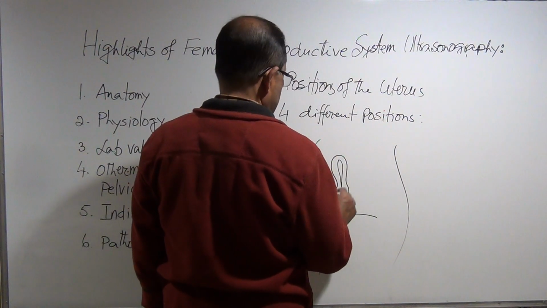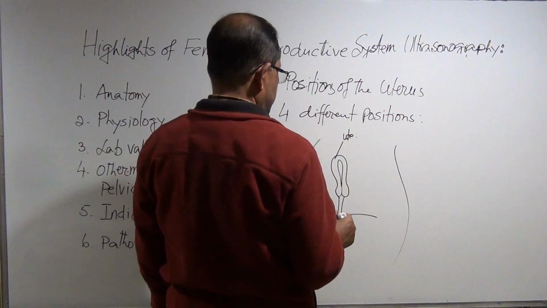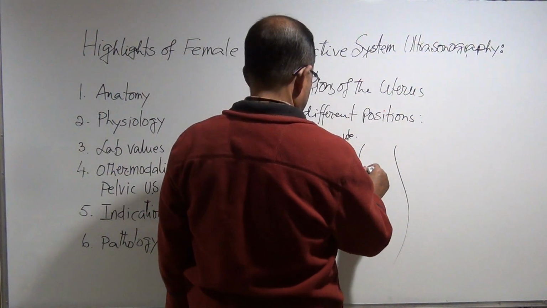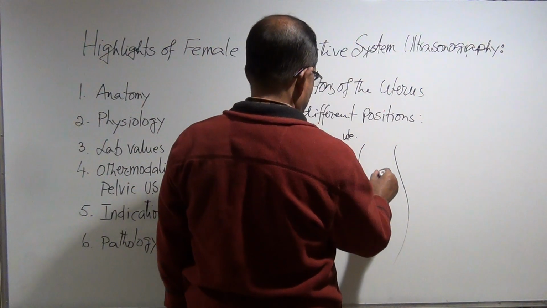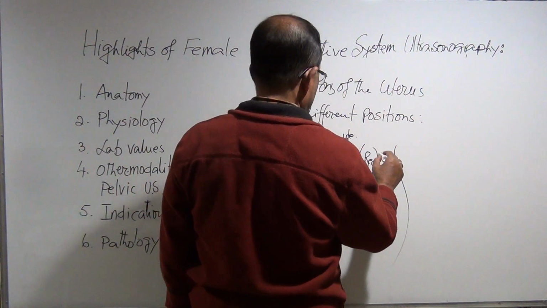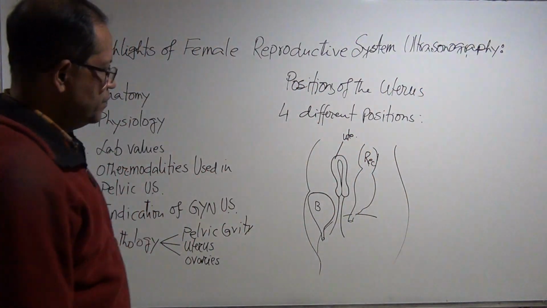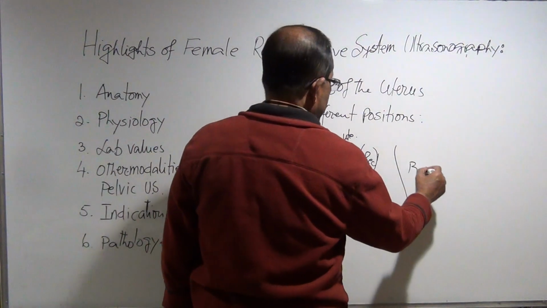This is bladder, this is uterus. And this is rectum. Rectum. So now this is front and this is back.